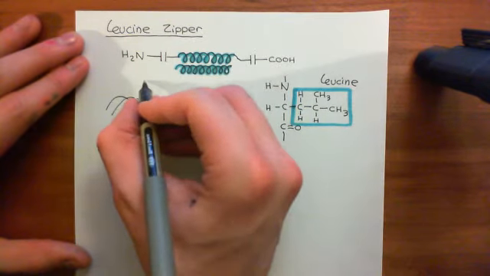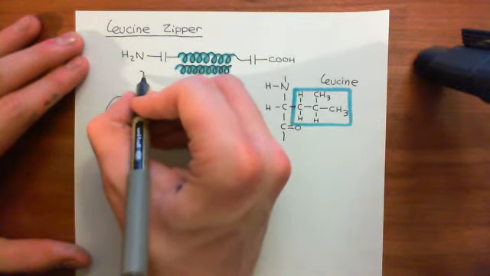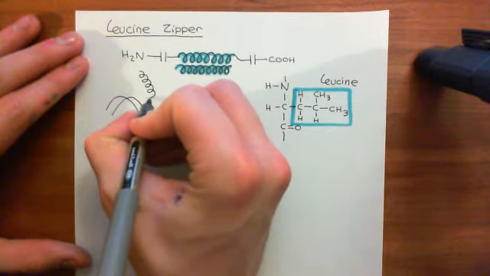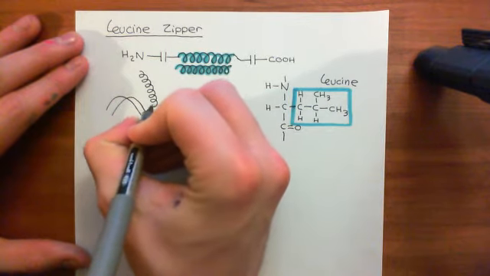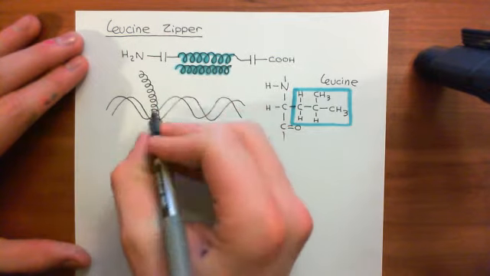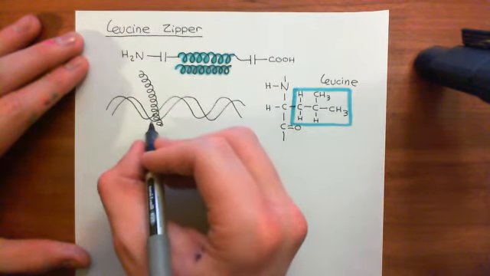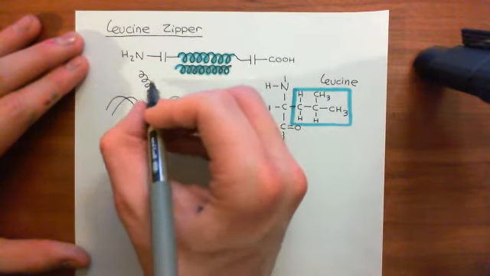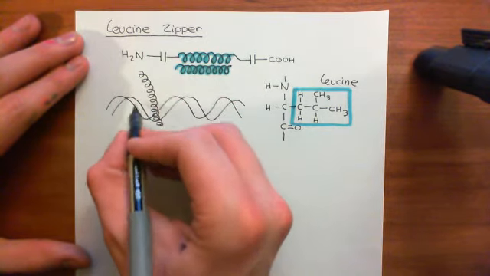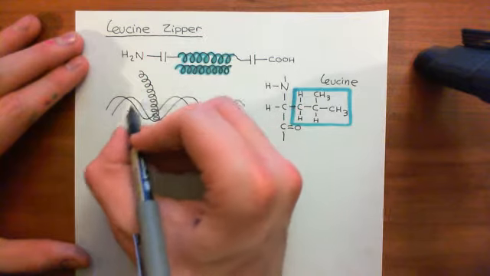So we've got one major groove here, okay, and this is the way they're going to dimerize. So here is one of these leucine zipper motifs of a transcription factor. Okay, and it's going, as you can see, within this major groove.